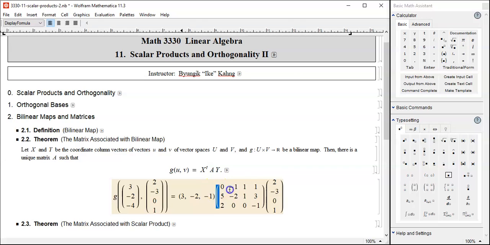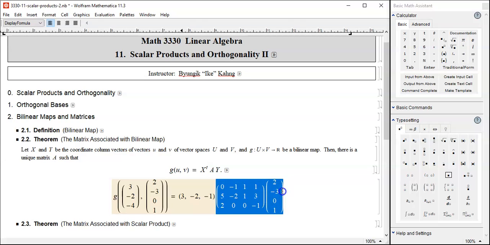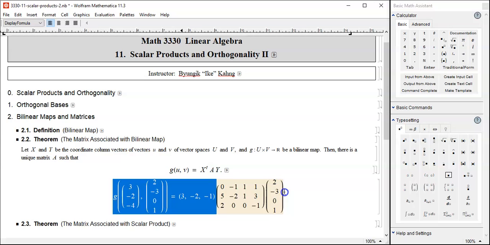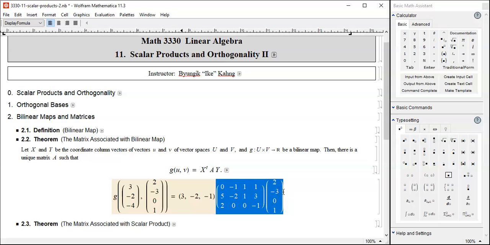So if you multiply this 3 by 4 matrix times the 4-dimensional column vector, that's well defined. And then if you multiply the first row, first column, we get one number. Second row, this column, we get another number. And then the third row times this column, we get another number. So this multiplication is going to be a three-dimensional column vector.